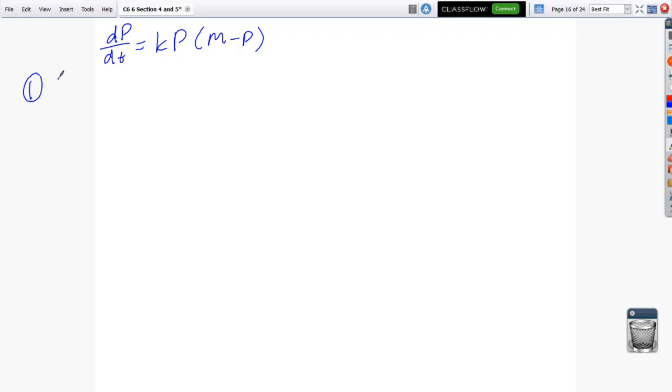If p equals 0, that means dp dt is equal to k times 0 times m minus 0. It doesn't matter what our maximal carrying capacity is, just by the math, that means that the growth rate has to be equal to 0.